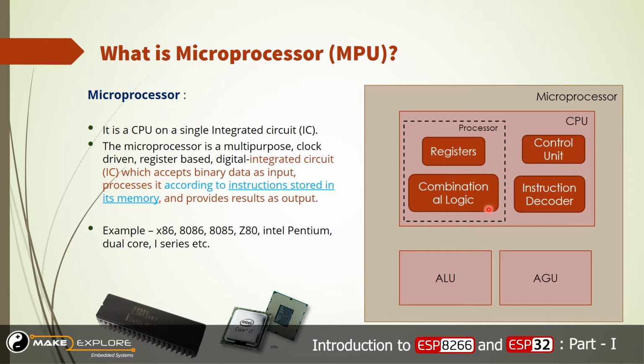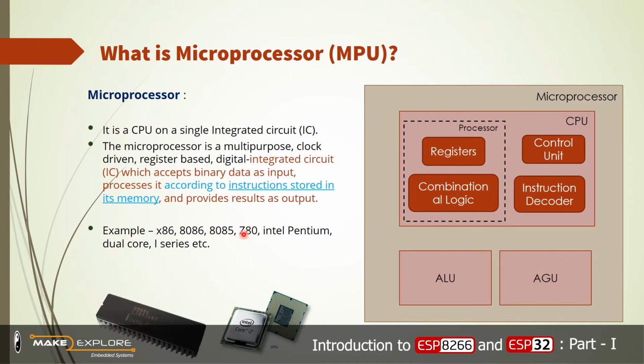You can see here a generalized block diagram of a microprocessor, which has registers, combinational logic, control unit, instruction decoder, ALU and AGU. ALU stands for arithmetic and logical unit, and AGU stands for address generation unit.